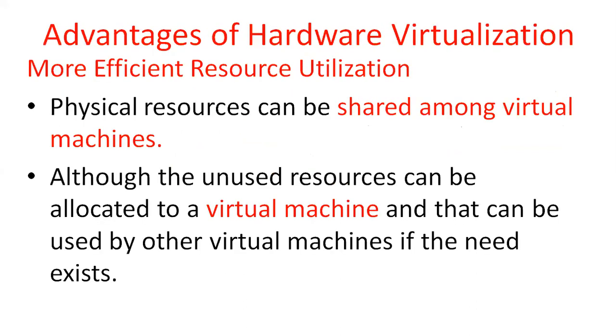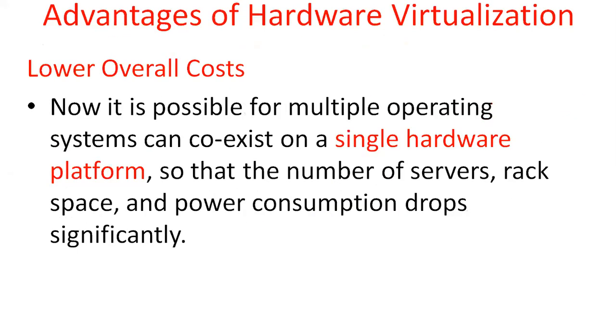The first is more efficient resource utilization. The physical resources can be shared among the virtual machines. Resources allocated to one virtual machine can be used by another virtual machine if the need exists. The second is lower overall cost.